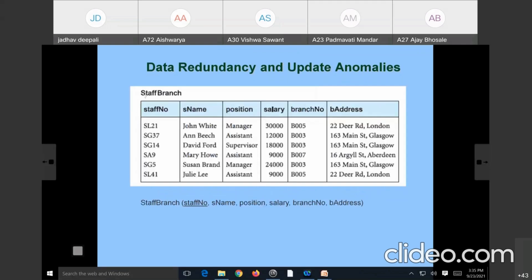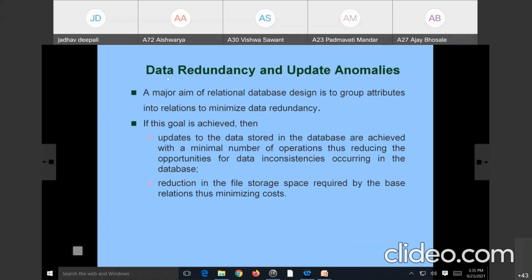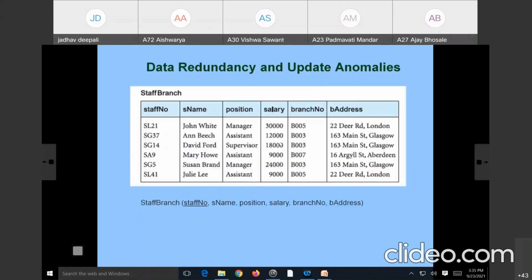Now, one example we are going to see for data redundancy and what is meant by update anomalies. Now see here one example is given, StaffBranch. This is the name of the relation, with these attributes: staff number, staff name, position, salary, branch number and address.